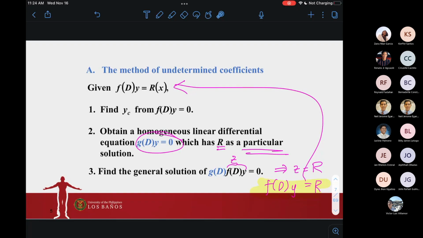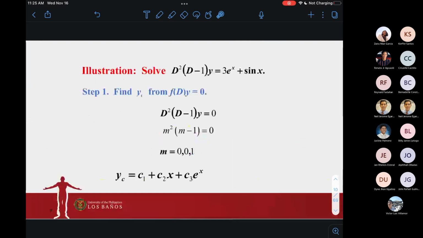Tapos meron kang polynomials or polynomial times exponential times sine and cosines. So, doon tayo magiging limitado. Kapag si R ay may mga functions other than those guys, then kailangan nating maghanap ng ibang methods. Alright? Pero we'll be contented with what we can do right now, and we'll start with example number 1 next meeting on Friday.